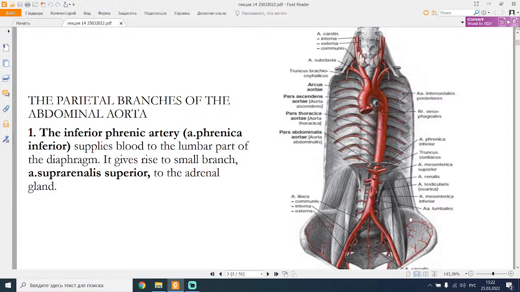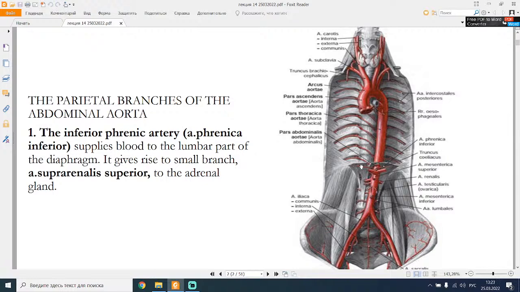The parietal branches of the abdominal aorta. Abdominal part of the aorta, abdominal aorta. The first branches are located under the diaphragm: Arteria phrenica inferior.